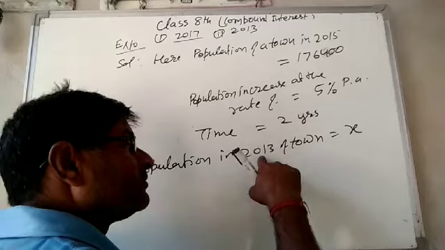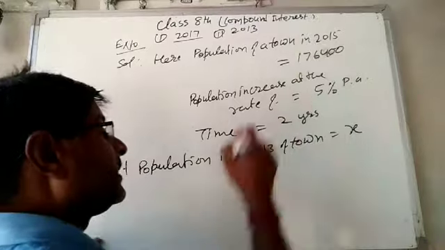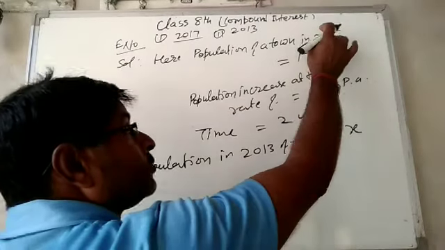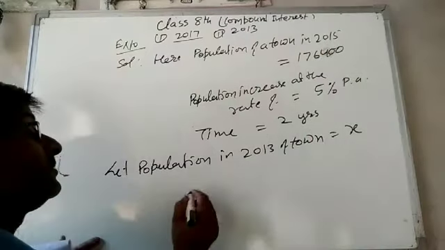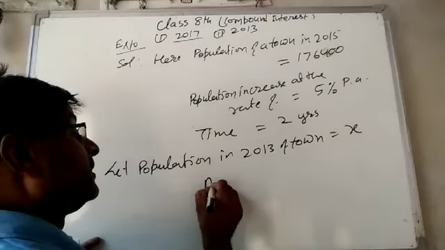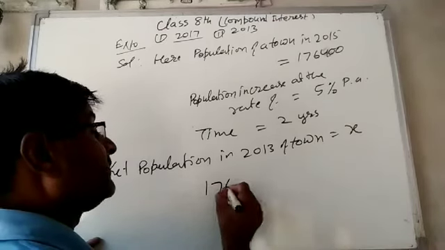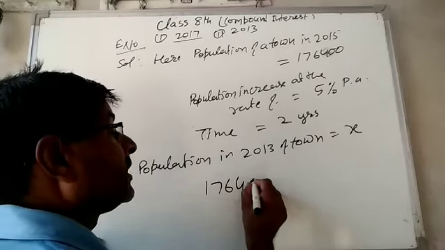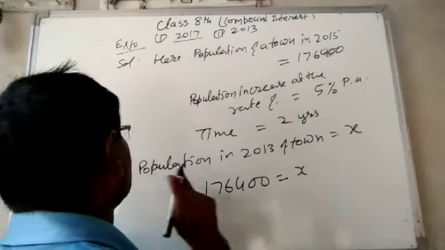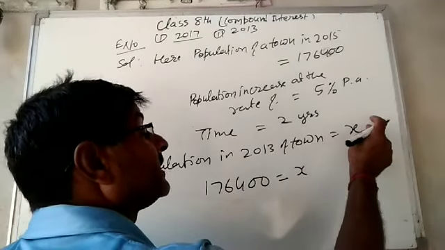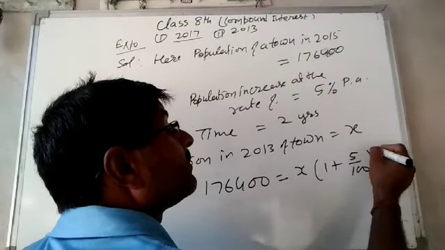Because 2013 works as the principal, and the population of 2015 works as the amount, we can use the amount directly. Amount 176400 is equal to the present population in 2013. Population in 2013 was x, so x into (1 + 5/100) to the power 2.